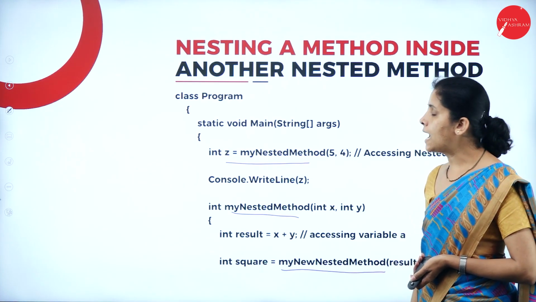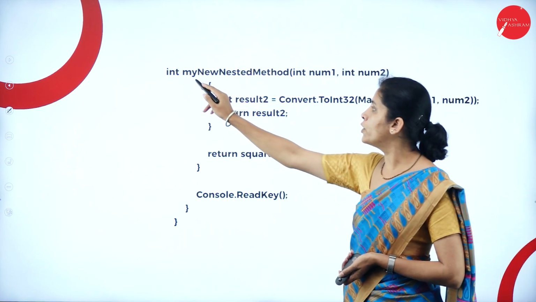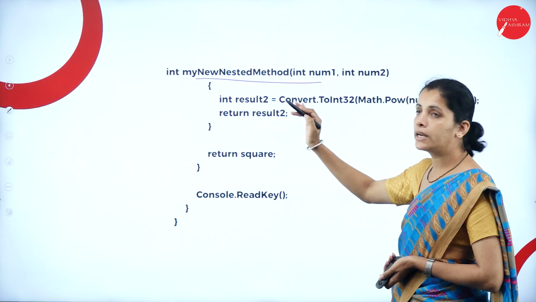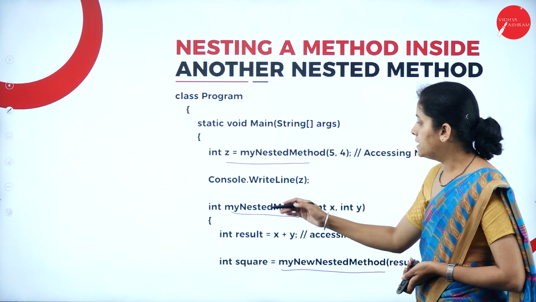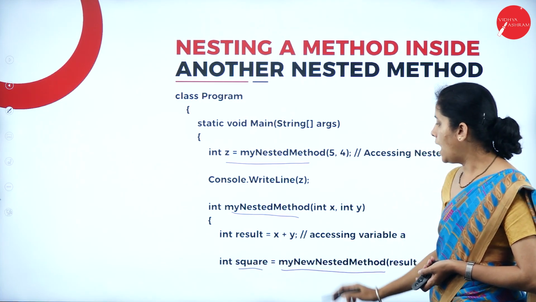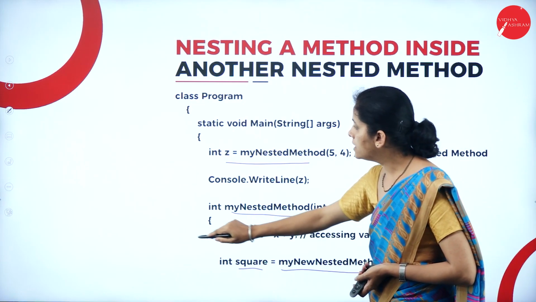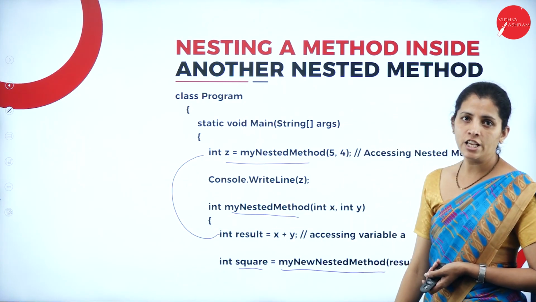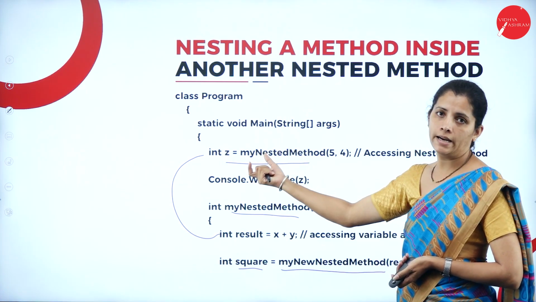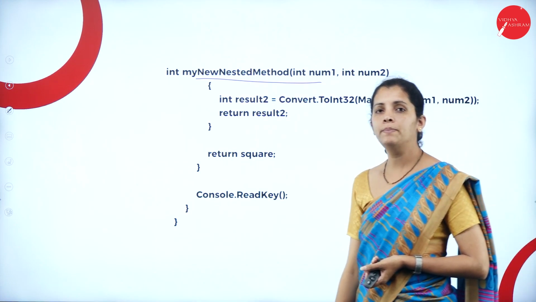And this is known as a nested method. And I'm going to write the body of the method. And this method is going to return some value, and that is held by the square. And if this method returns any value, that is held by the variable z.